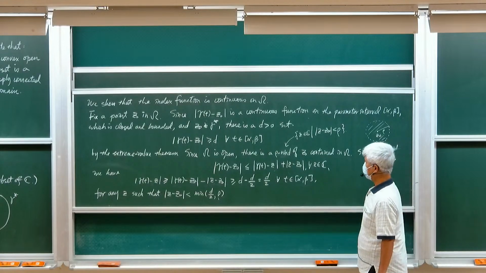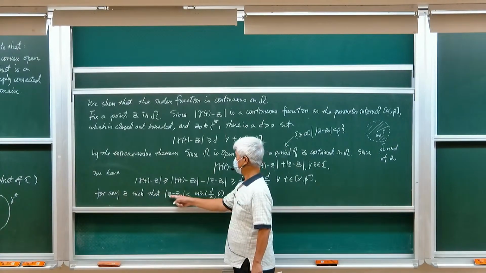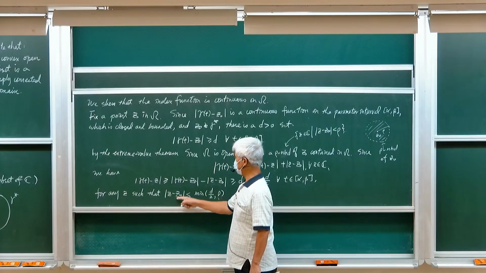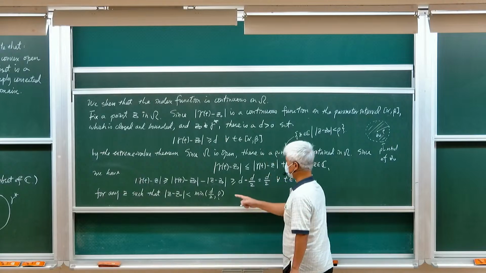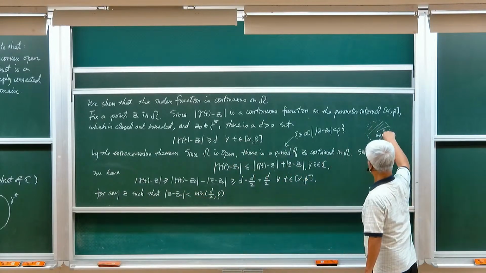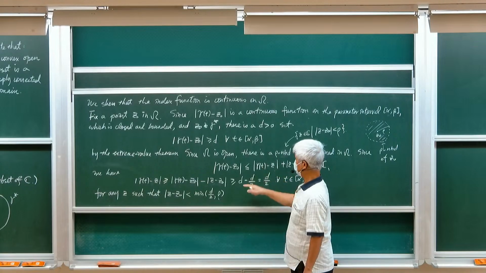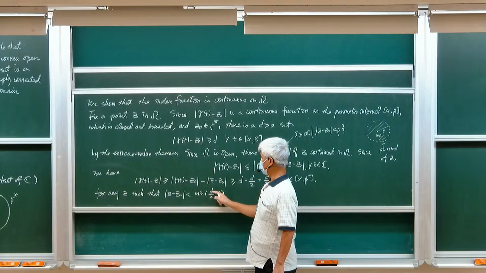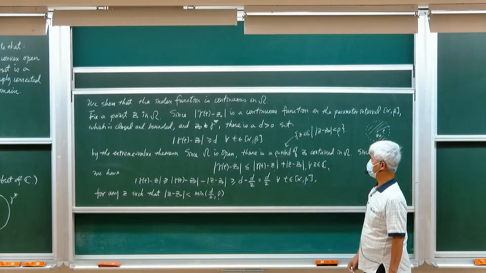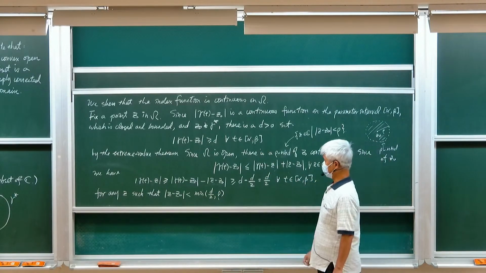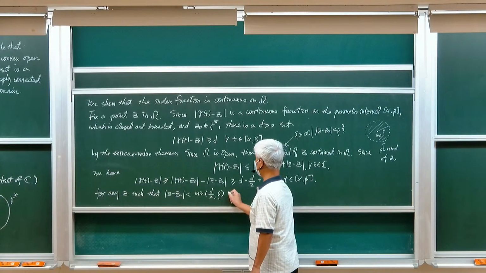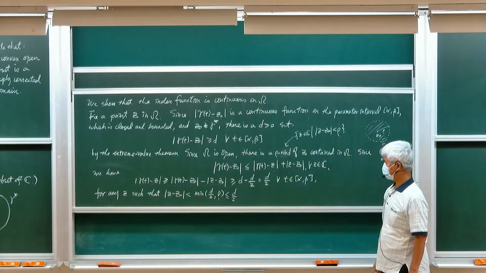And so we select the z such that the distance between z and z0 is less than rho, so z should be in the rho neighborhood, and also the distance is less than d over 2. So the minimum is upper bounded by d over 2.